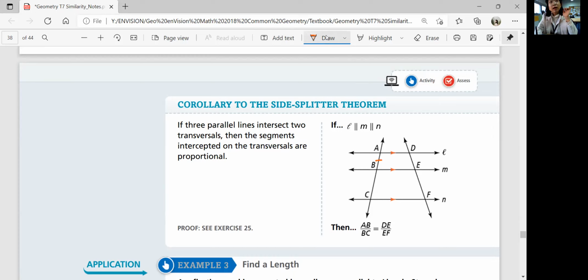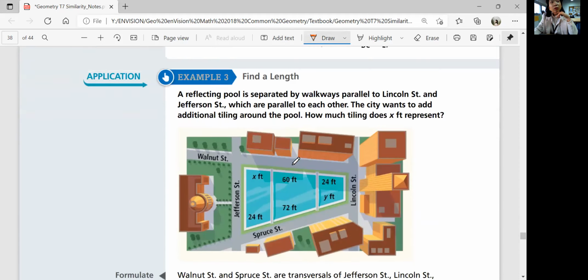So AB is proportional to BC. Okay. Look at example 3.